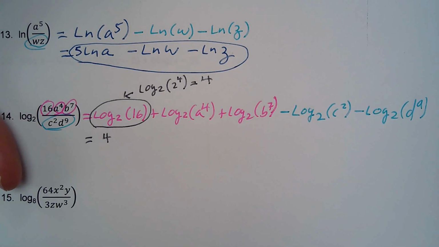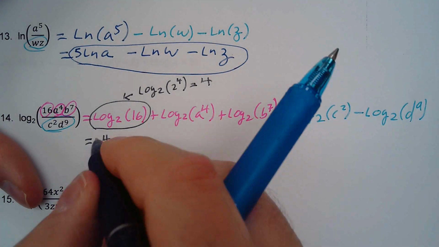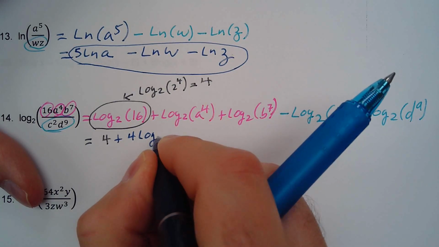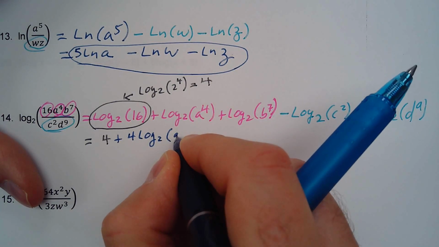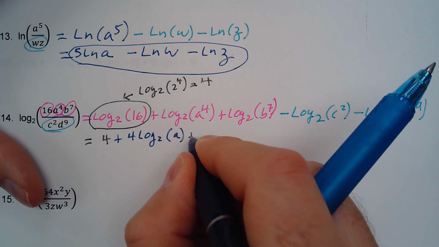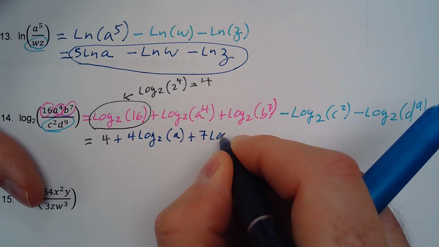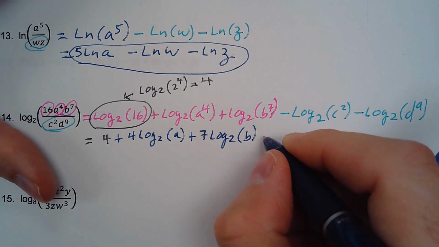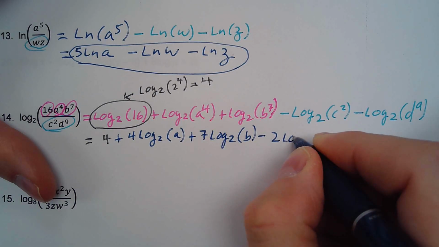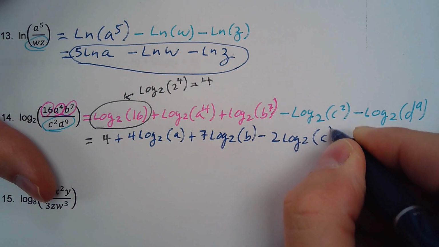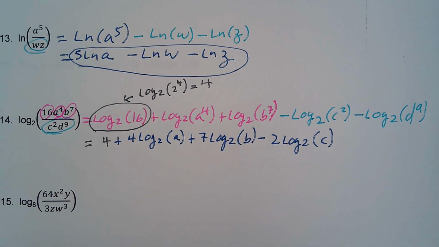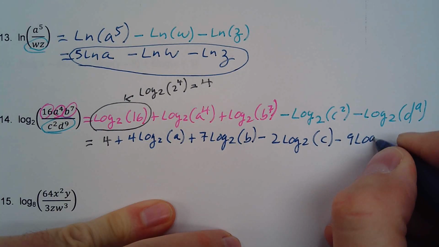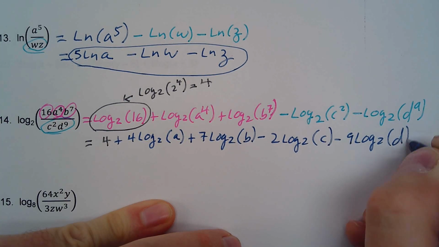I'm going to go ahead and bring this 4 down. So that'd be plus 4 log base 2 of a. Bring the 7 down, plus 7 log base 2 of b. Bring down the 2, minus 2 log base 2 of c. And bring down the 9, minus 9 log base 2 of d.